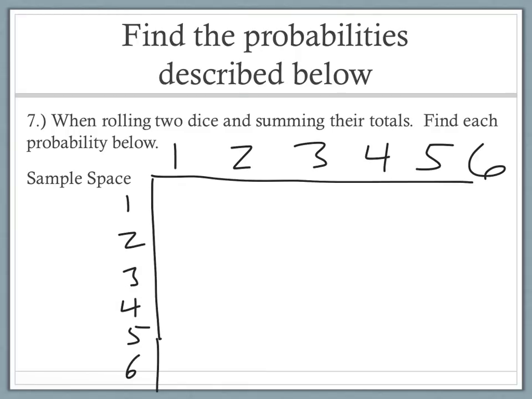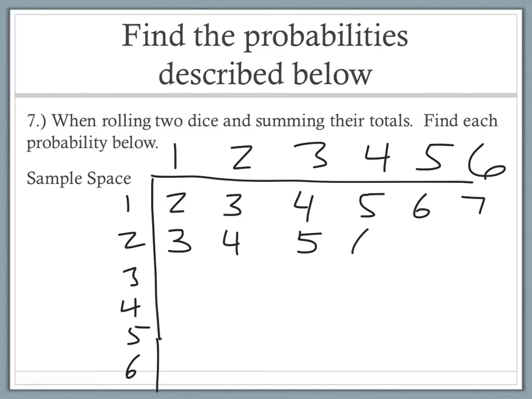Okay? So if I roll a 1 and a 1, it's a 2. It could be a 3, a 4, a 5, a 6, a 7. Then I can roll a 2: 1 and a 2 is a 3, 2 and 2 is 4, 2 and a 3 is 5. Then 6, 7, 8. So I'm just going through all the totals that I could get. So these are all my possible outcomes.